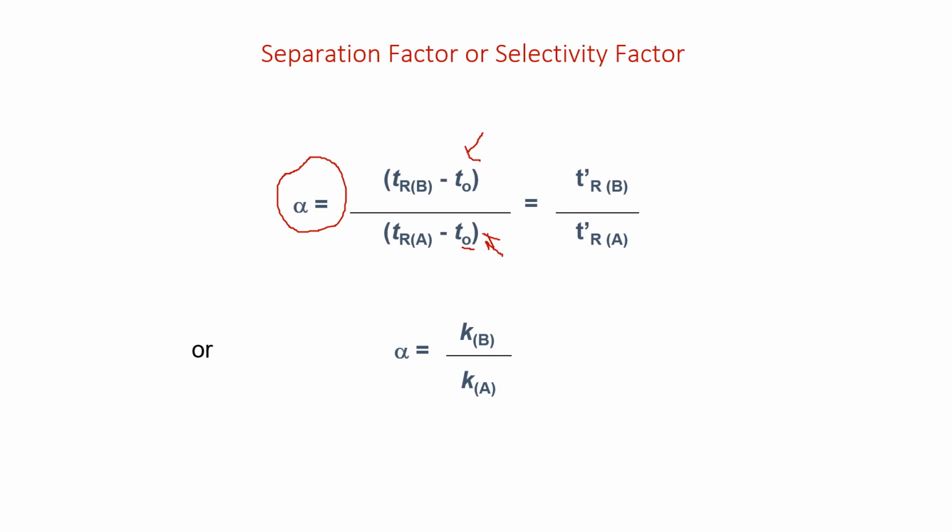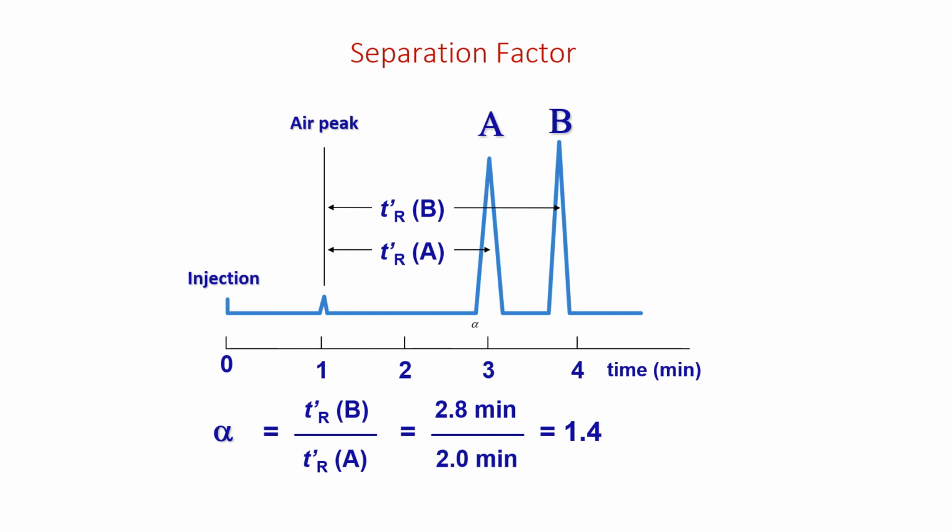So alpha usually lies in the range of 0.0 to 1.5. If you have 1.4 over here, it shows that the distance between A and B from the void volume is just nice. It's not that far, it's not that close.